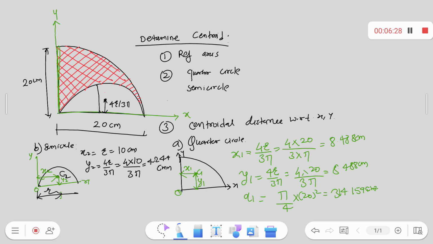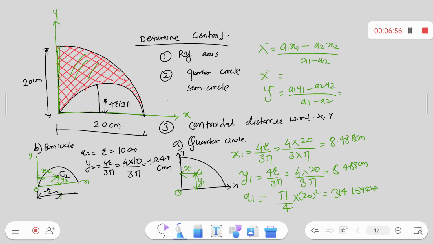What is your next task? Just write down the formula in x bar and y bar form. x bar equals a1 x1 minus a2 x2 divided by a1 minus a2. Why am I using minus? Because I need the shaded region. Similarly, y bar equals a1 y1 minus a2 y2 divided by a1 minus a2.